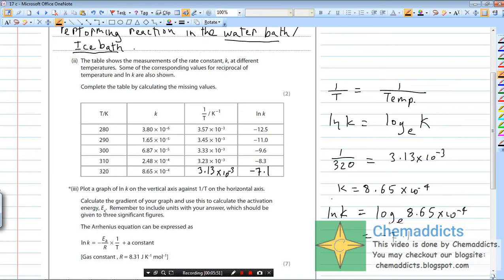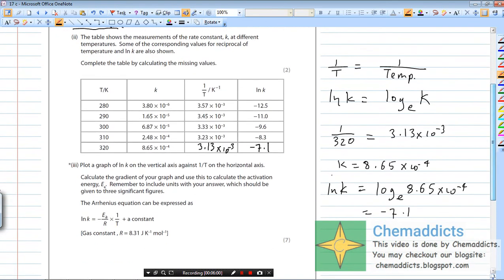Remember to include units with your answer, which should be given to three significant figures. Here the Arrhenius equation is given. The Arrhenius equation can be expressed as ln k is equal to minus EA by R into 1 by T plus a constant, where the gas constant R is equal to this.